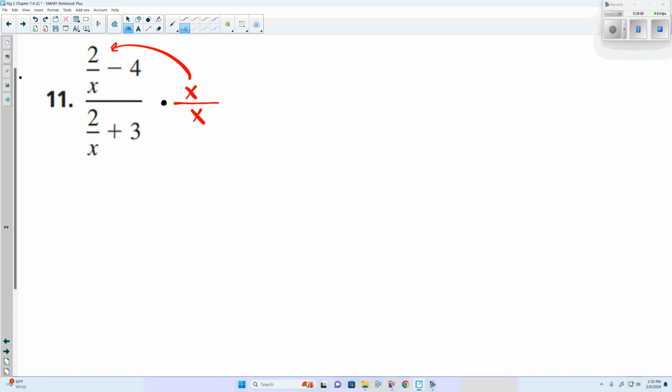Now we can multiply this here. Our 2 over x times x is 2x over x, minus, well, we have to distribute through. So we're still going to do 4 times x. Do the same in the denominator: our 2 over x times x, 2x over x, plus x times 3.